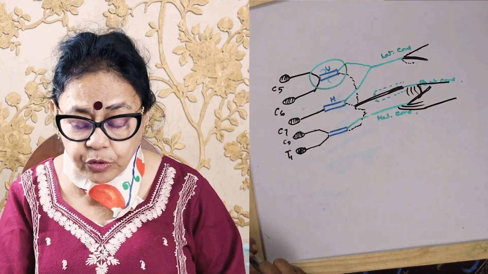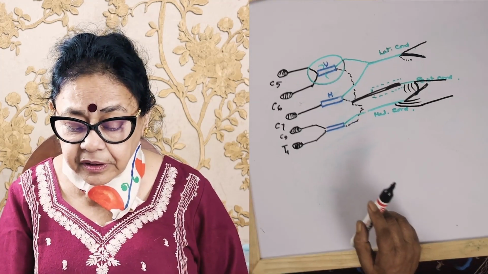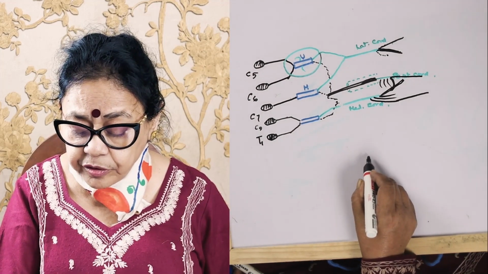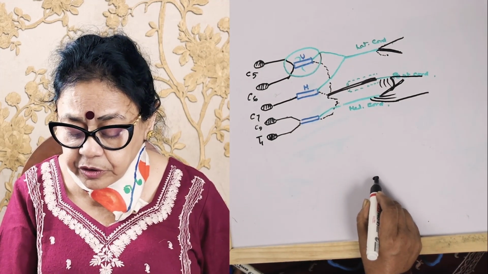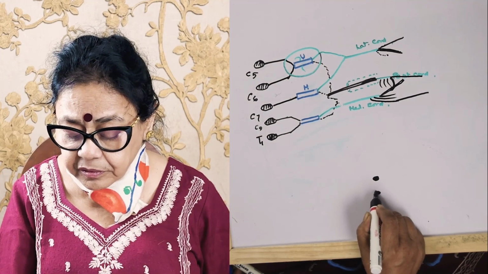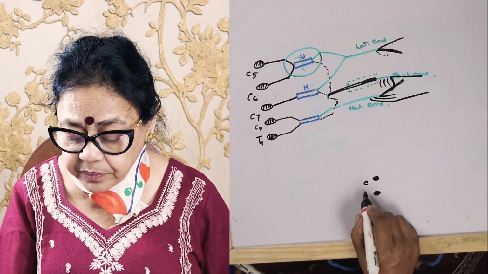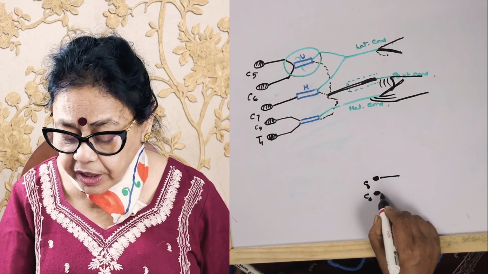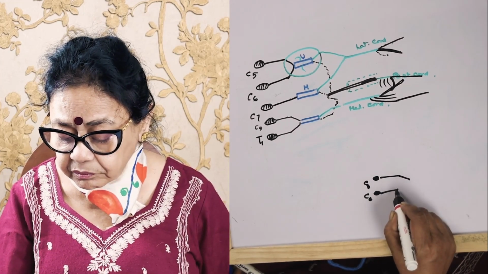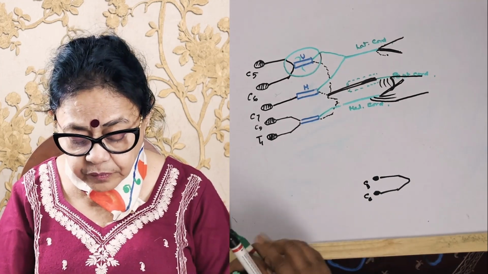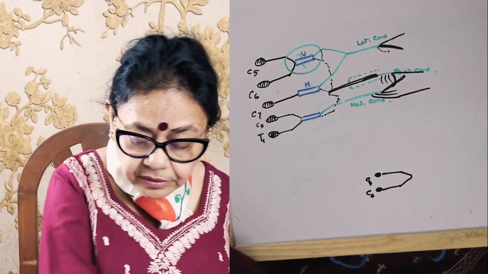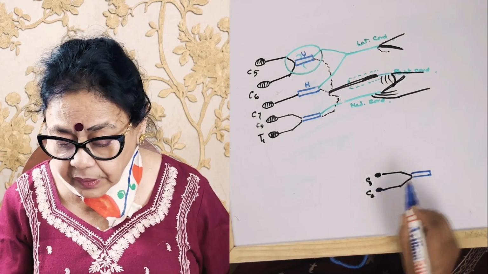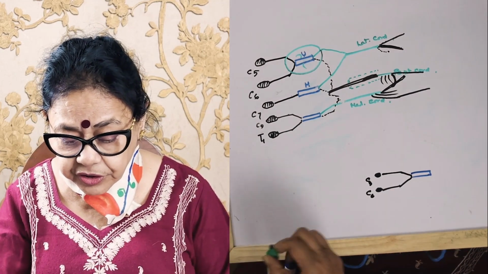Now in some questions it is asked separately to draw Erb's point. So how will we draw Erb's point? You will do this: C5 and C6 unite and form the upper trunk, and here there is the division.